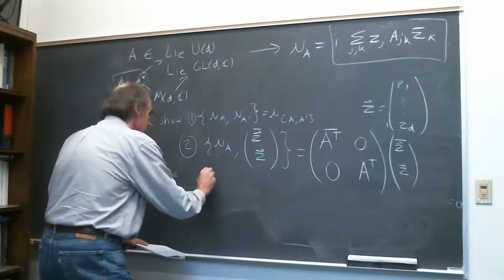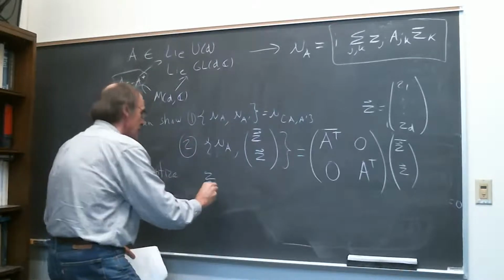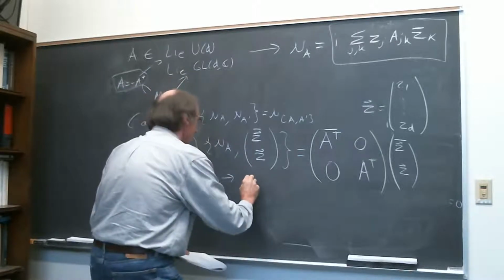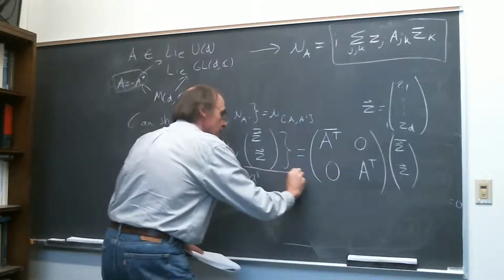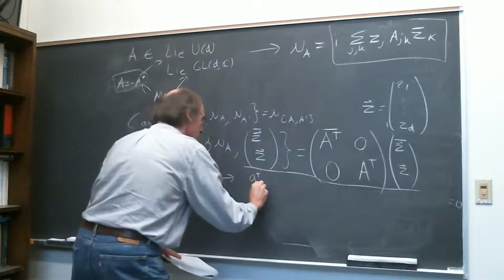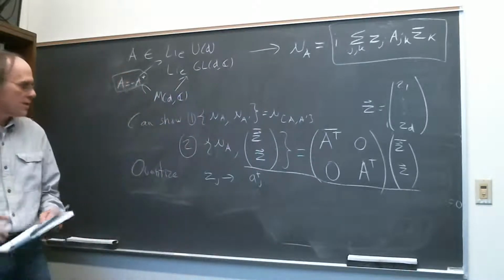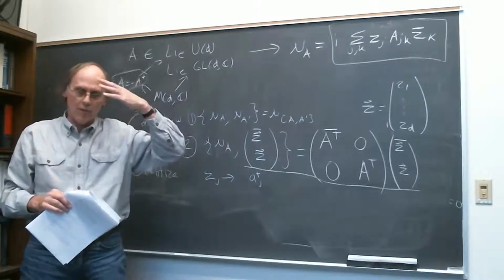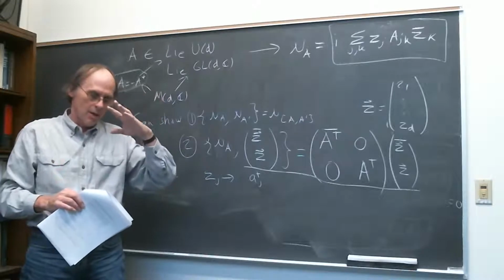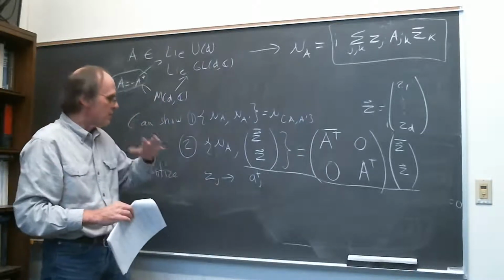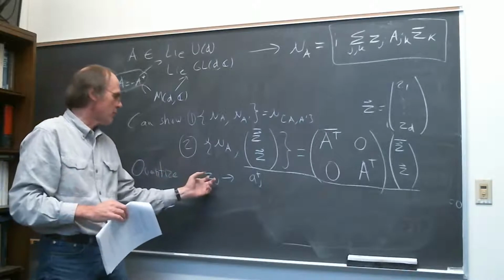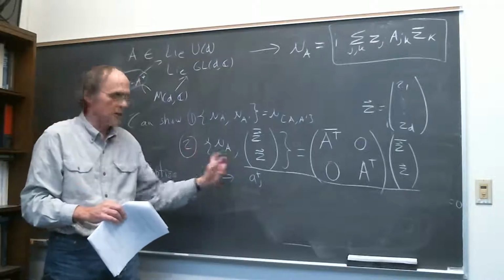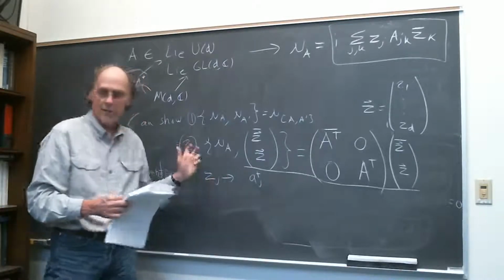So you take z. What is it going to be? zj is going to go to a dagger j, and you have to watch out. In order to keep straight how to preserve unitarity, what's Hermitian and what isn't, you have to make sure you have the right factors of i.